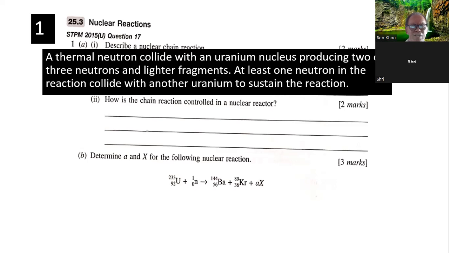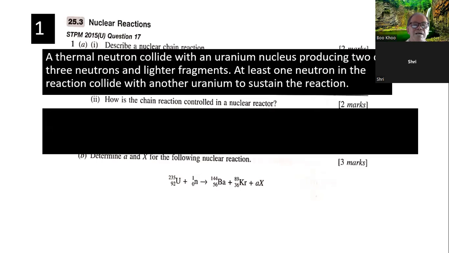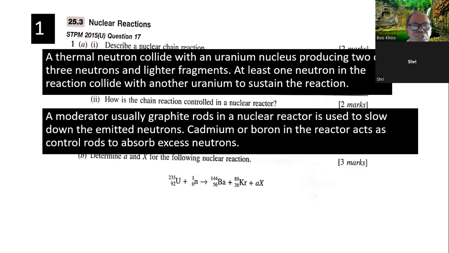No, the moderator is to slow down, but if you want to control, you use the control rod. You don't want the reaction to just go out of control. Every reaction produces energy, so if a lot of energy is produced, the reactor may melt down. A moderator, usually graphite rod in a nuclear reactor, is used to slow down the emitted neutron.